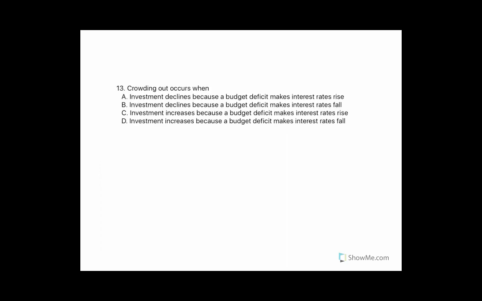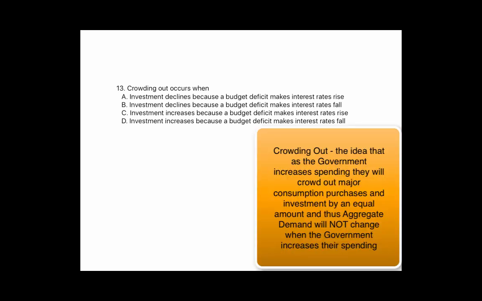Okay, so this idea of crowding out occurs when, say, the government wants to stimulate the economy, so it has some stimulating fiscal policy. It spends a bunch and runs a budget deficit, right? Which, in theory, would increase aggregate demand and should increase output and make the economy grow faster.